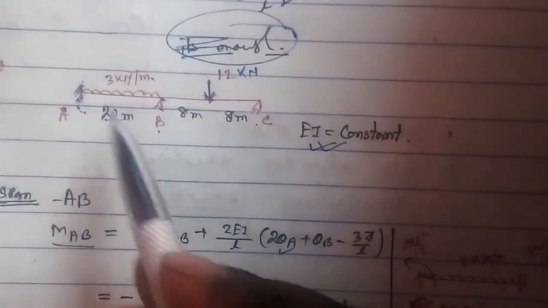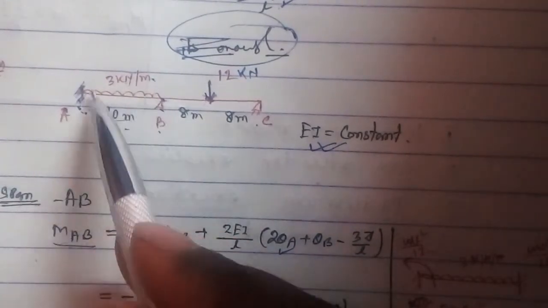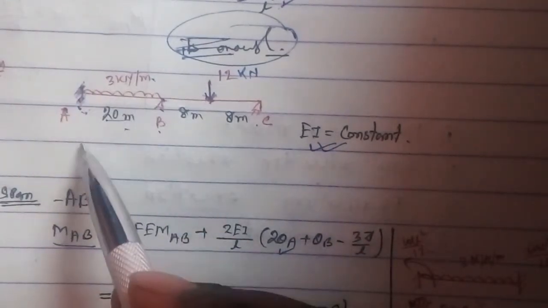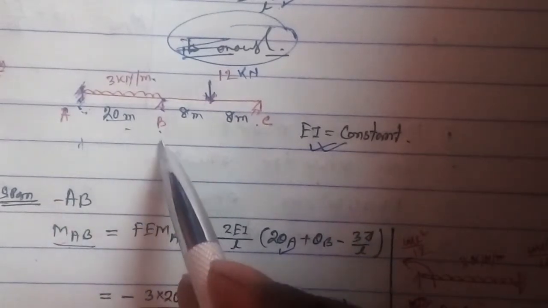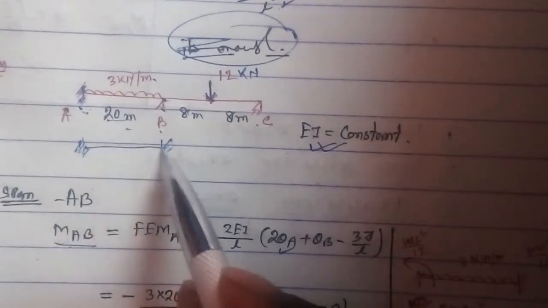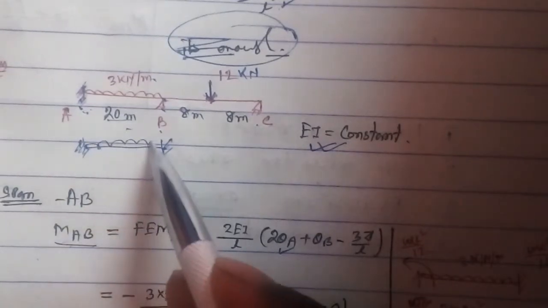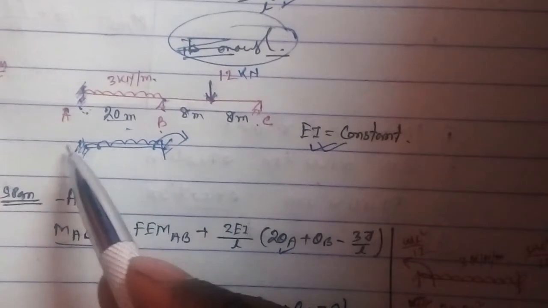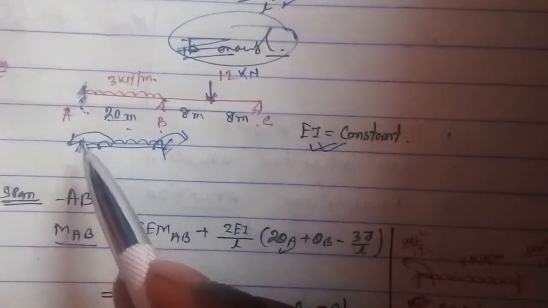And here, as we are taking portion AB, first of all we have to fix these two ends, and from this we have to find out the end moment.